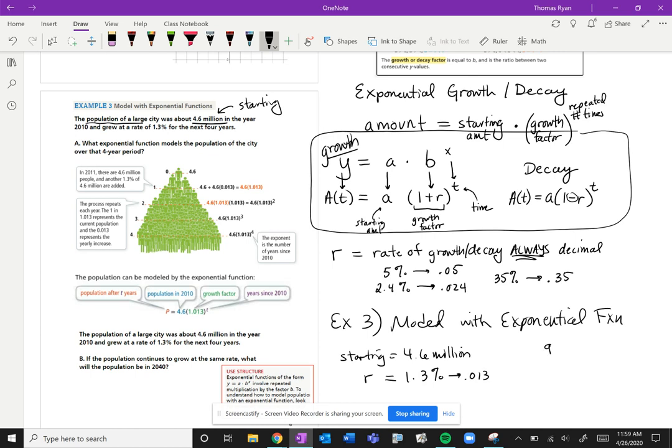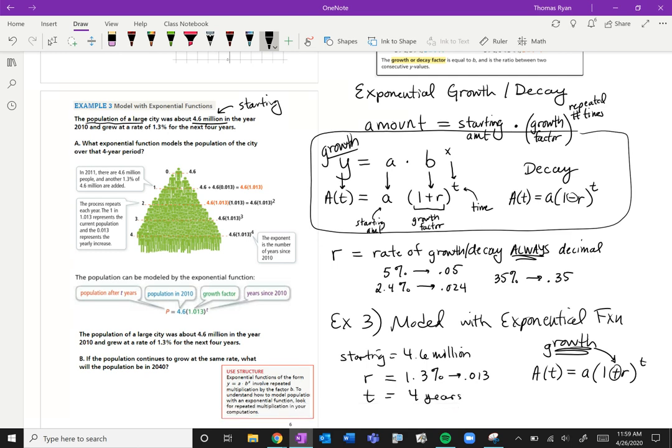And it also said that our population is growing. So we know we're going to use our growth function, which is a times 1 plus r, because we're growing here. And then naturally it says what exponential function models the population over a 4-year period. So sure enough, 4 years, our t value is 4.